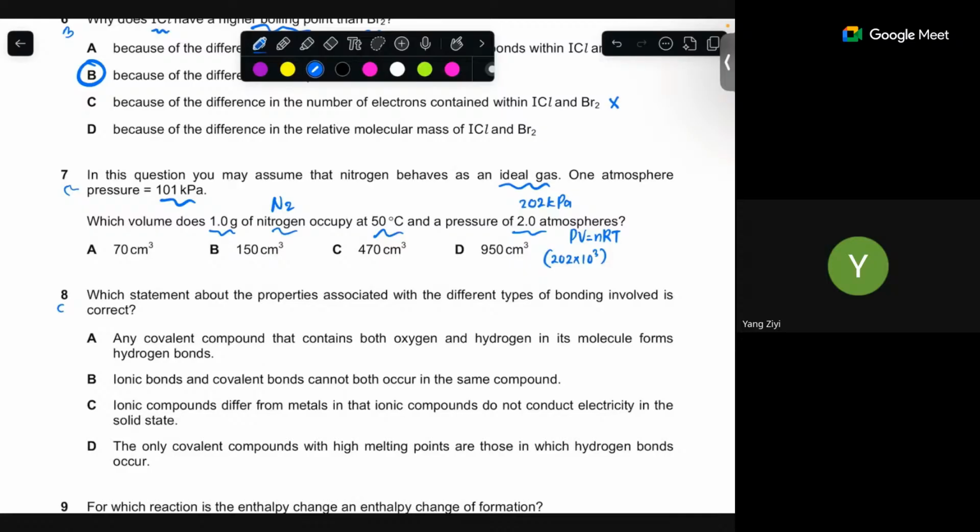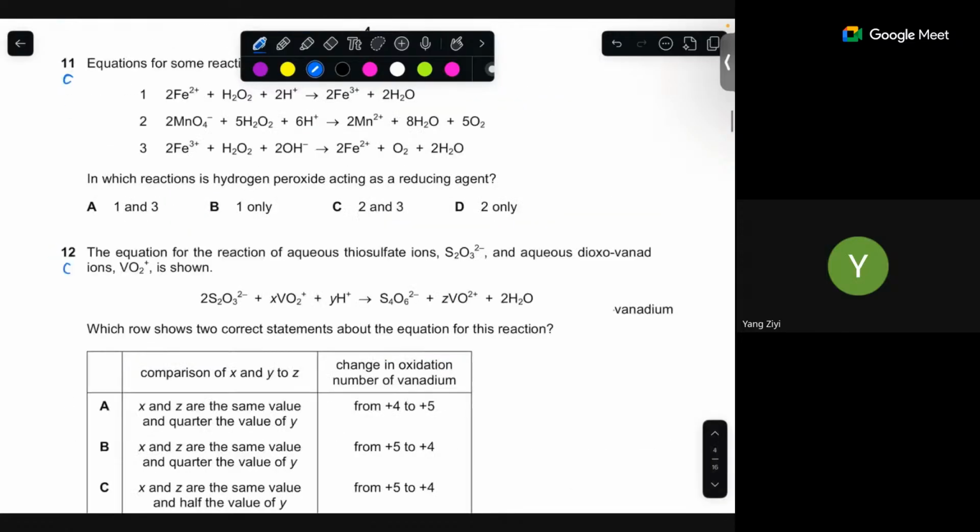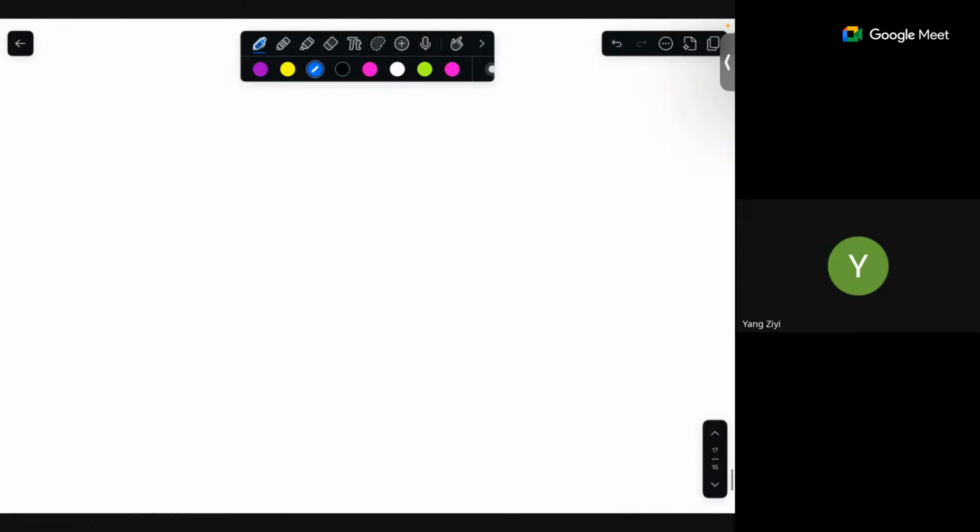Volume, we want to find, so leave it over here. The volume we will get in meter cube later. So n is 1 over 14, nitrogen is 7 and 14, and if you are not sure, you can always double check.